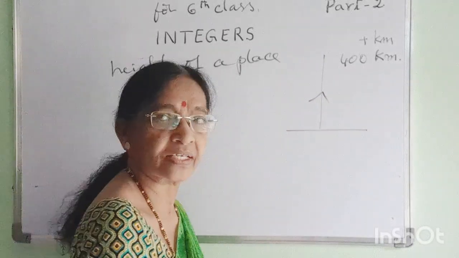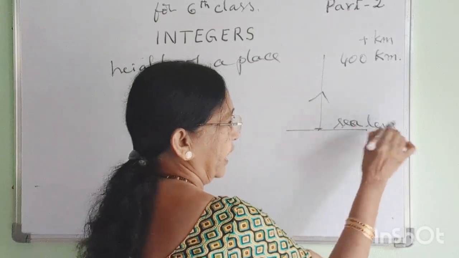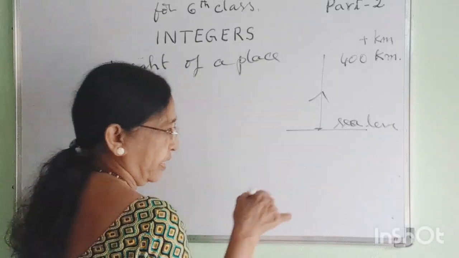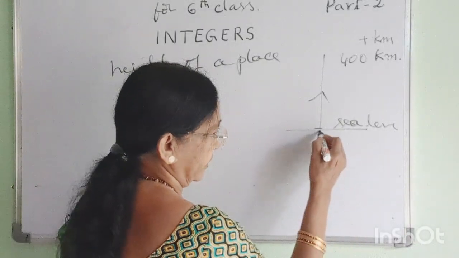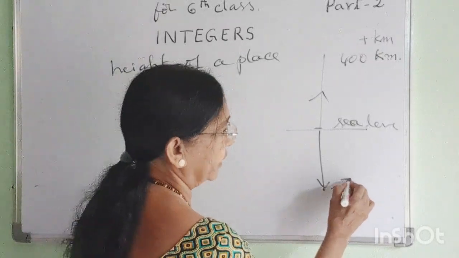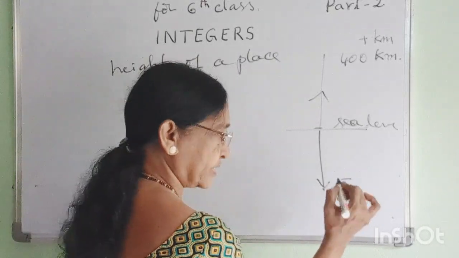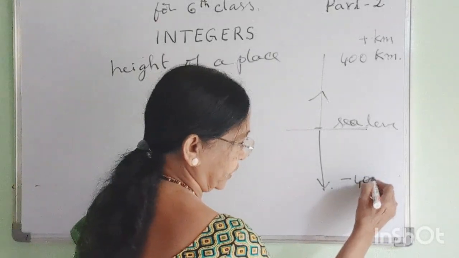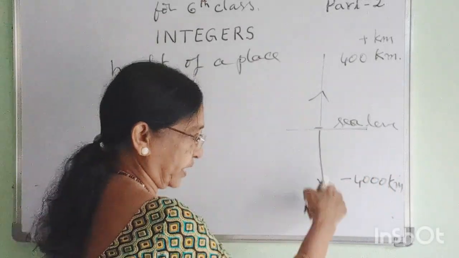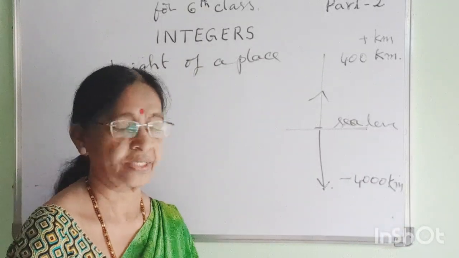The height is measured from the sea level. And the depth of seas, rivers or something underground is measured in the opposite direction, and it is set in negative integers. Suppose the depth of a sea at some place is 4,000 kilometers from the sea level and under the sea, so in the opposite direction. Therefore, it is set as -4,000 kilometers.